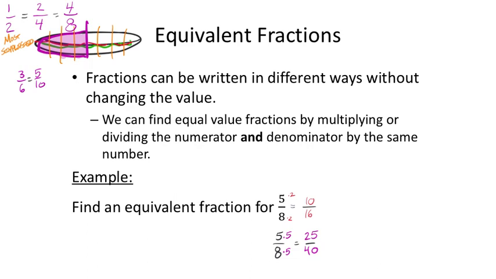Now, that's a couple examples, and that's really all that I think you'll need for the assignment, but here's one that's easy for me. So I'm going to show you this one. Let's say we started with the 5/8. If I wanted something equivalent to it, and I just wanted to make this as easy as possible, what I would do is take the 5 and the 8, and multiply them by something easy like 10.